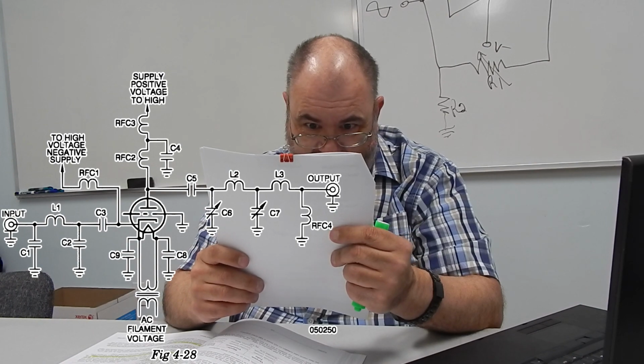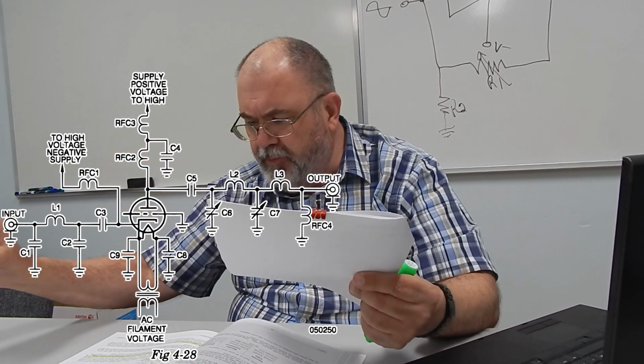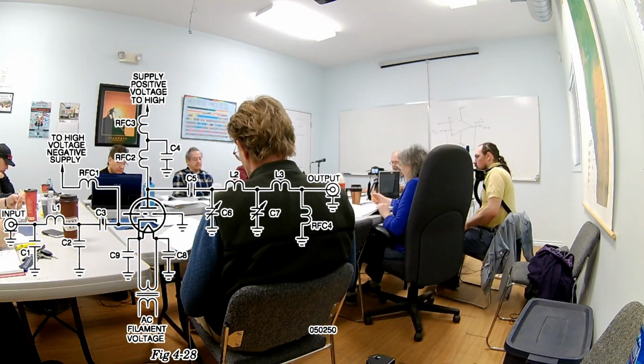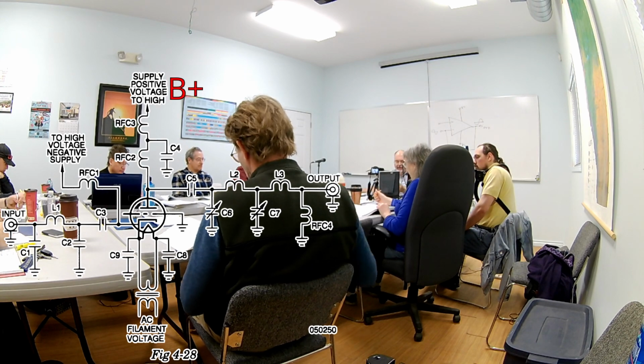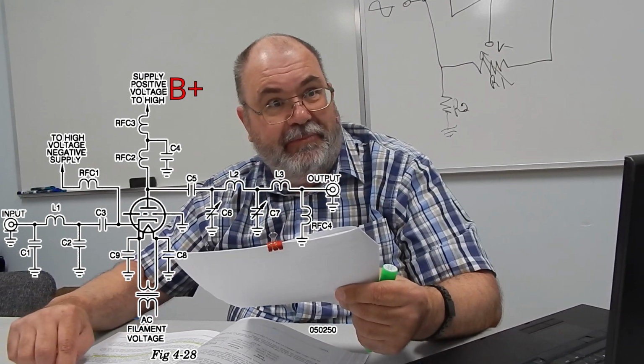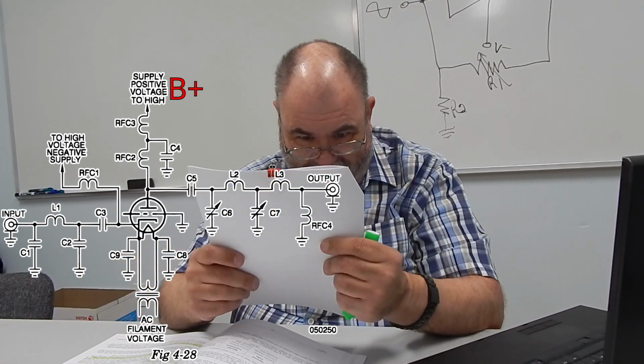In a grounded grid amplifier, the plate choke connects to B plus. That's the positive supply. And the answer on the exam, by the way, is B plus. They don't say positive supply, they say B plus. So take your pen or pencil and write B plus up there. Okay.